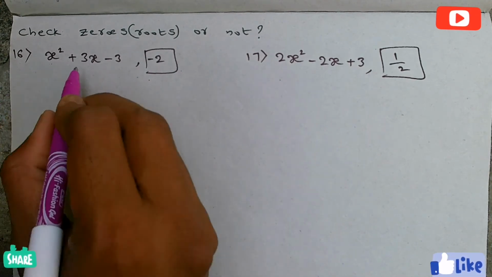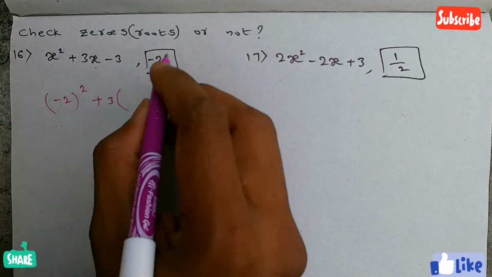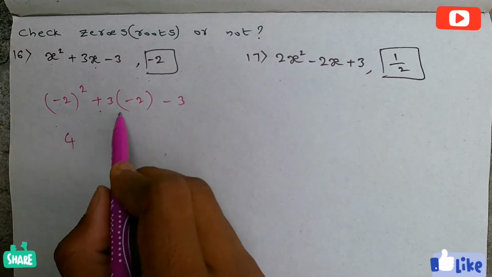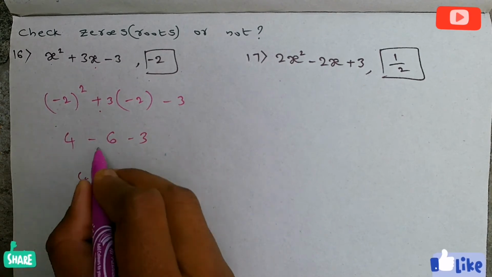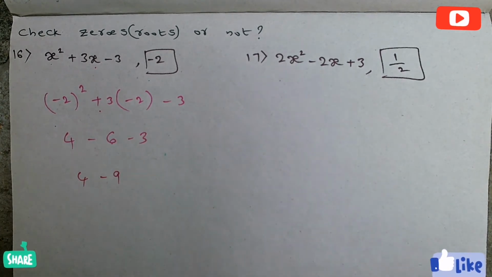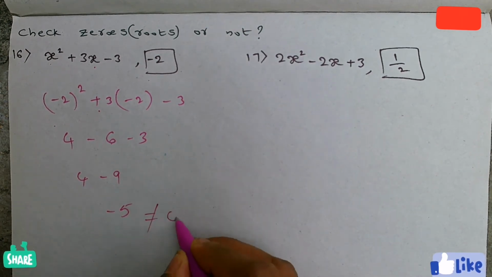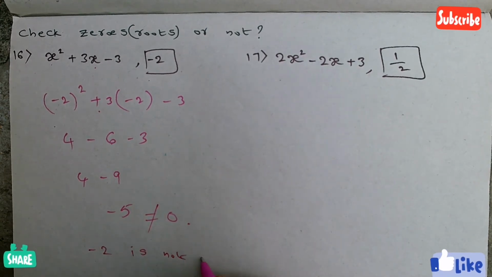In the place of x substitute minus 2: minus 2 whole square plus 3 into minus 2 minus 3, that is 4 plus 3 into minus 2, which is minus 6, minus 3. 4 minus 6 minus 3 is 4 minus 9, that is minus 5. If after substituting the given number in the place of x we get the answer 0, then it will become a root of the polynomial. But in this case minus 5 is not equal to 0, so the given number minus 2 is not a root.